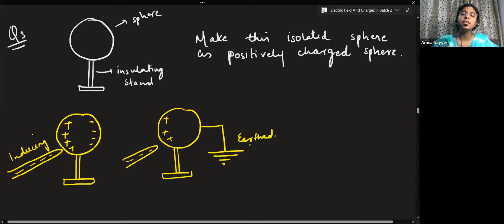Earthed means this is the symbol to represent that we have connected it to the ground, and this is earthing. Earthing has been done. So all the negative charges will move into the earth.